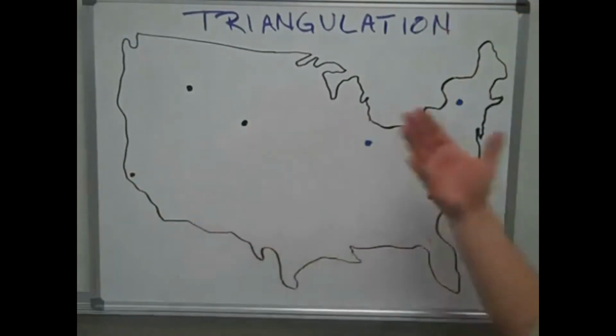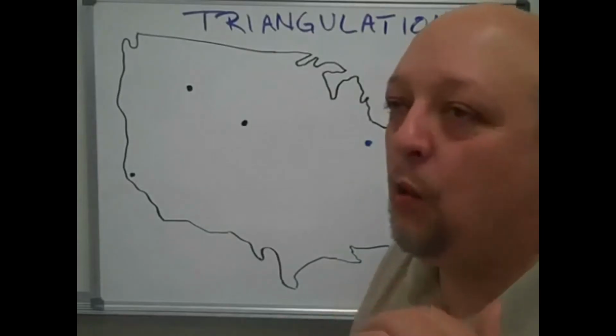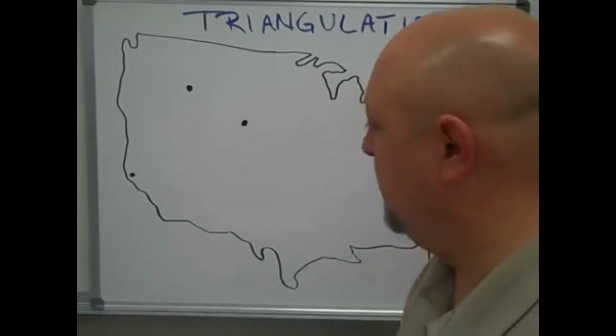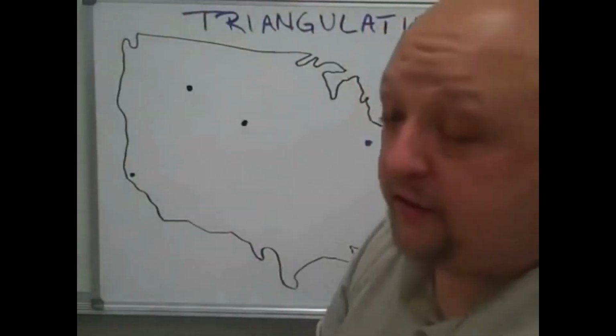So here's the United States. We're looking at triangulation. Triangulation is really, really simple. Let me show you. Give me three different colors here.